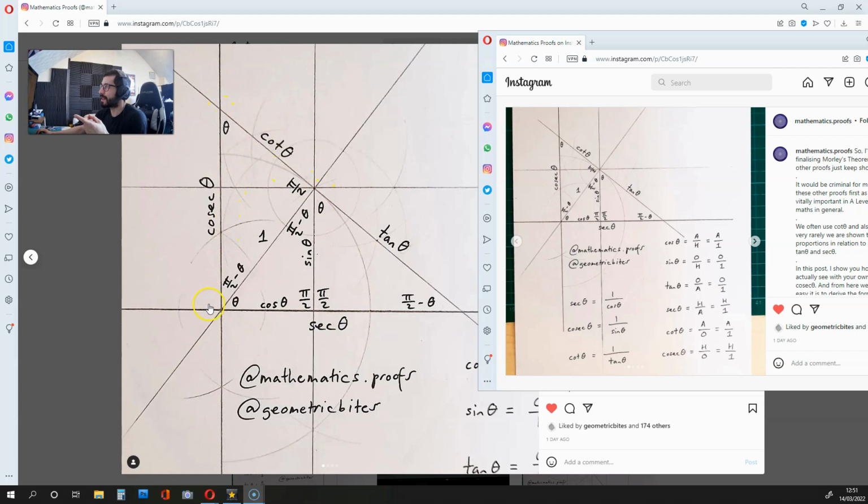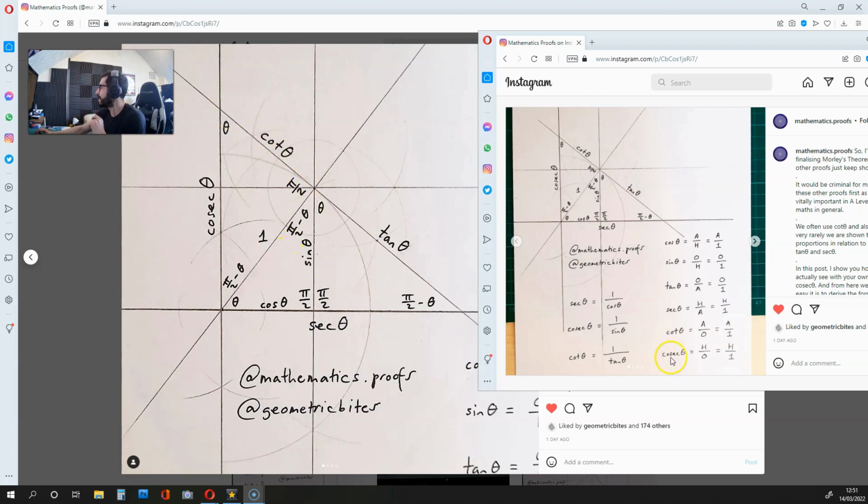Now let's see this right-angled triangle over here. This angle here is pi over 2, and this angle here is theta. So the opposite side of this right-angled triangle is going to be equal to 1. Now cot theta is adjacent over opposite, and the opposite is 1, so it's simply going to be the adjacent side.